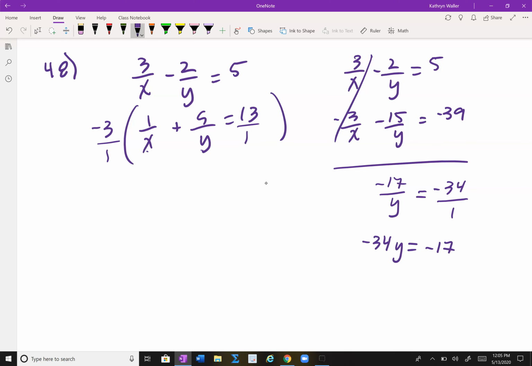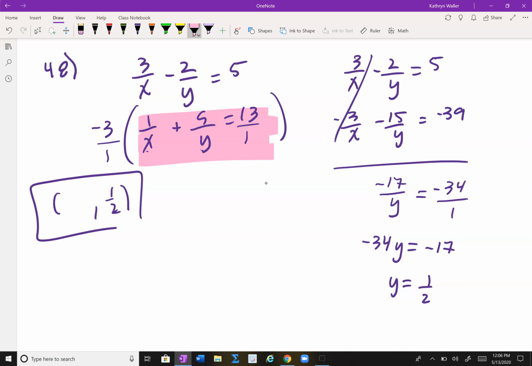-34y equals -17. Divide, and I get y equals 1/2. Then I'm going to go in wherever looks the easiest and put a 1/2 in for y. So I'm going to go 1 over x plus 5 over 1/2 equals 13.